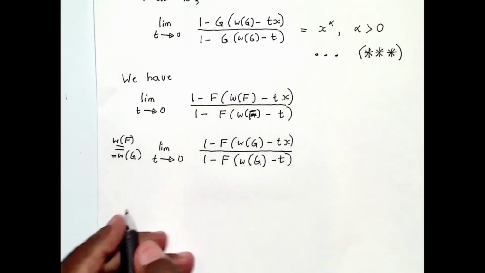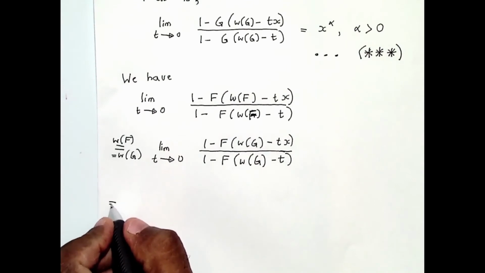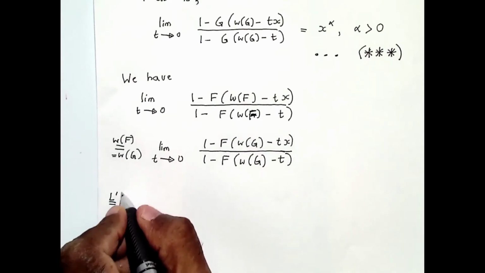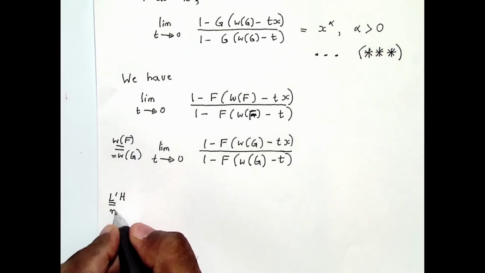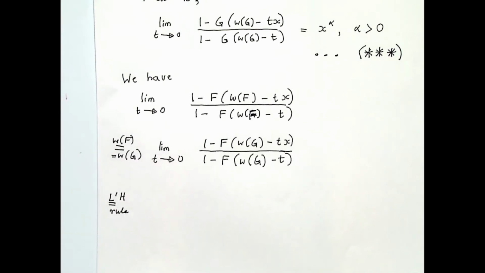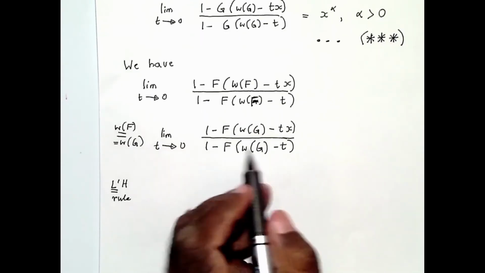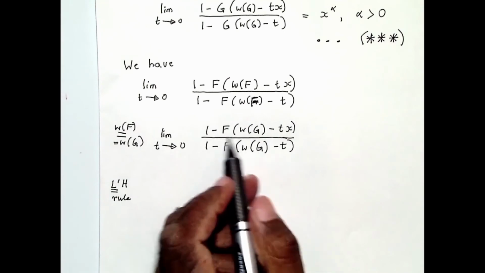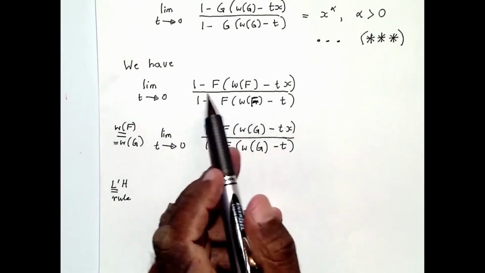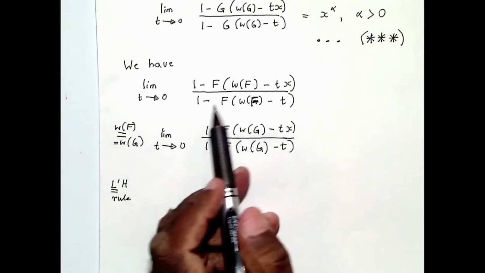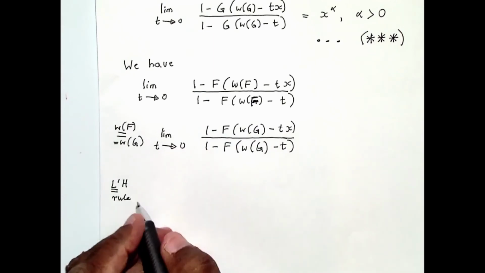In the second step, I'm going to use L'Hôpital's rule. You can differentiate because this is basically 0 divided by 0, 1 minus 1 divided by 1 minus 1.